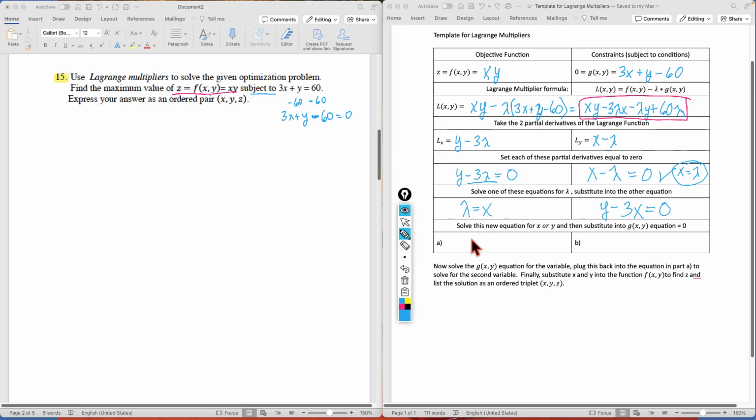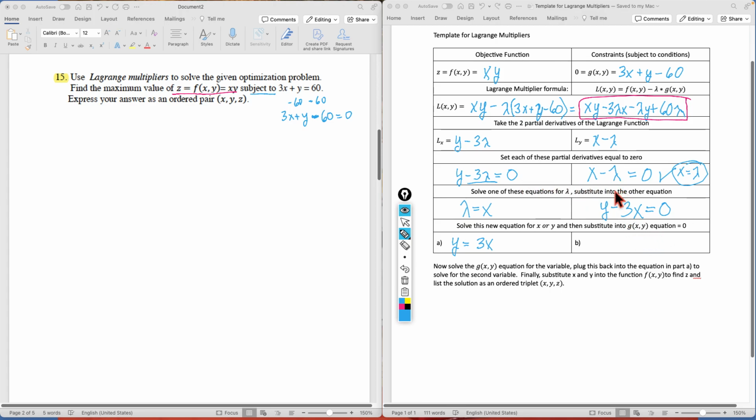We haven't gotten a number yet, but what we do now is solve this new equation for x or y. Again, I think it's smoother if we just solve it for y. I could add 3x to both sides, and that gives me that y equals 3x, right? Now we've got this third condition that has to be met.